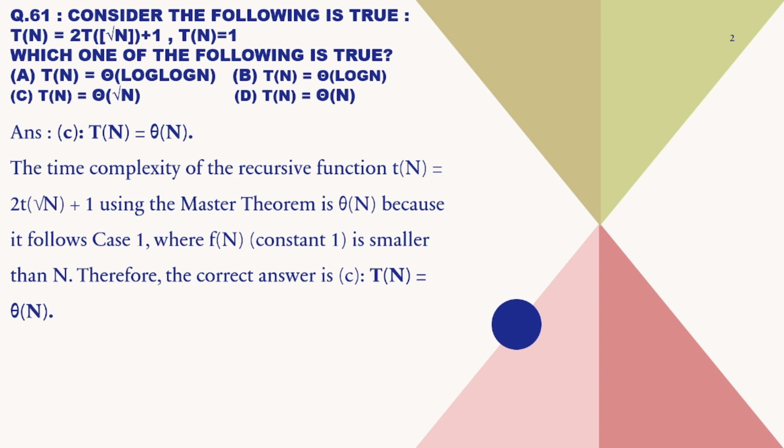By applying the Master's theorem, in the Master's theorem, n is equal to the size of input, a is the number of subproblems in recursion, n by b is the size of each subproblem, and all subproblems are assumed to have the same size, and f of n is the cost function of work done outside the recursive call. So the final answer of this question is option C.